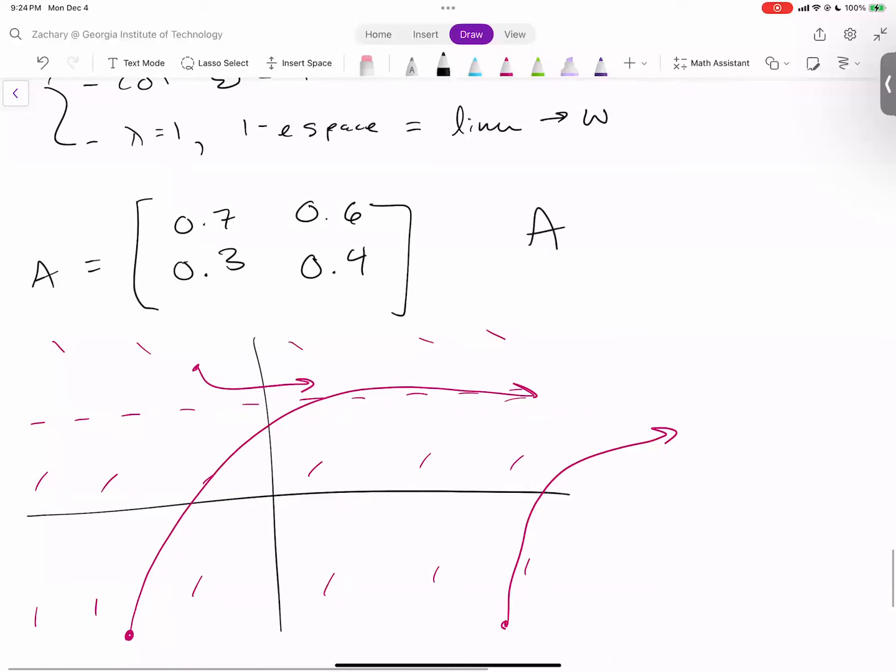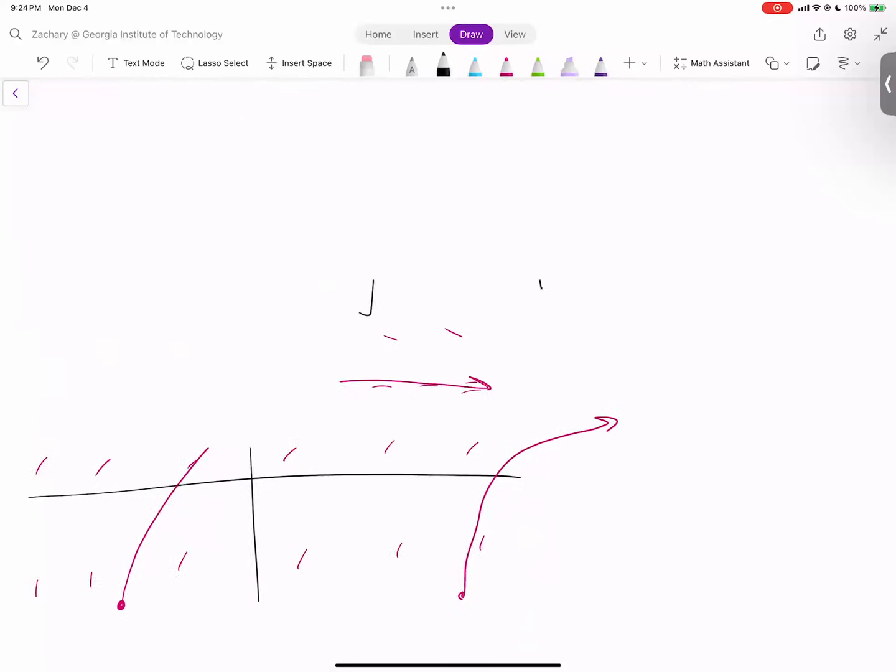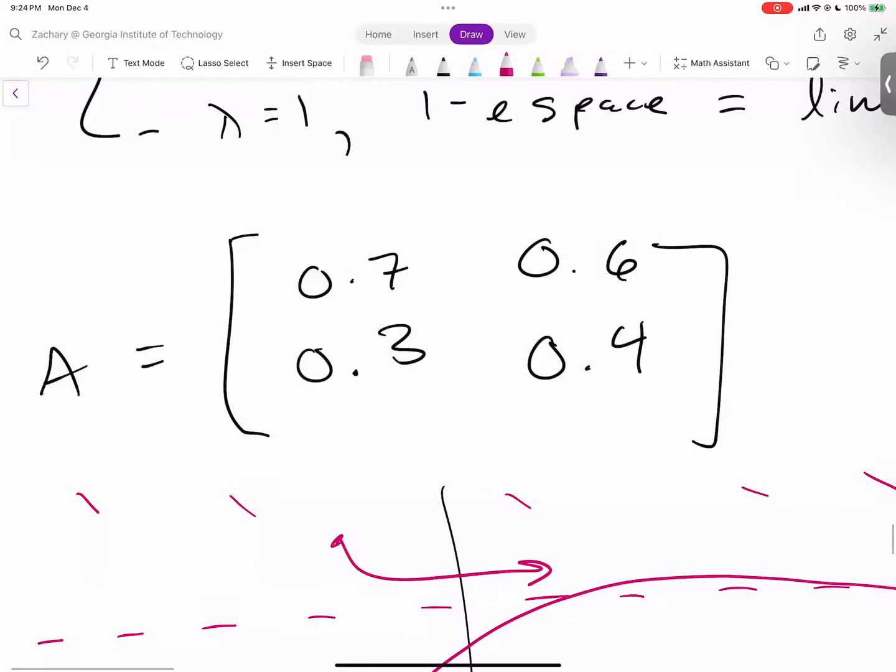So what does A times some vector represent? V represents where we are, and A is what happens when we transform by some unit of time or some process. Maybe I press a button and things move to some extent. Maybe every day people go to different restaurants. The way I always like to write a stochastic matrix is to draw a little line here, and I label this as start, and this as stop.